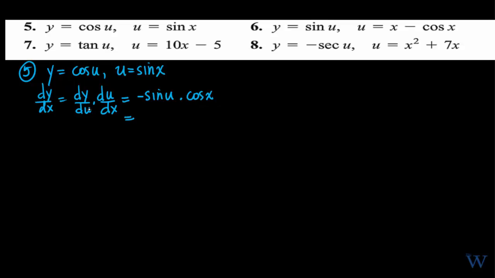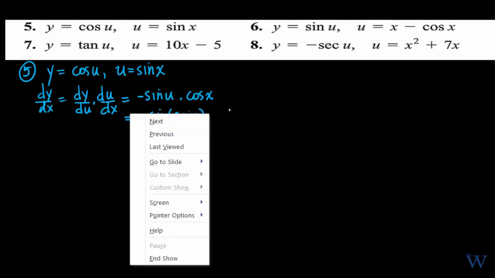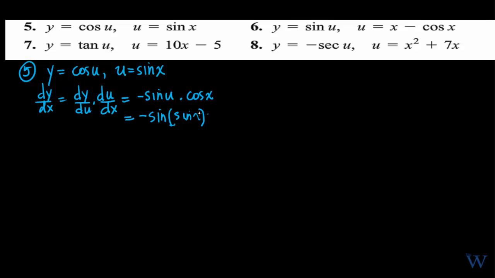But we're not done yet because it has to be in terms of x. So all you do is now apply the composition. So it's minus sine of, what is the argument? Okay, the argument u is sine x.